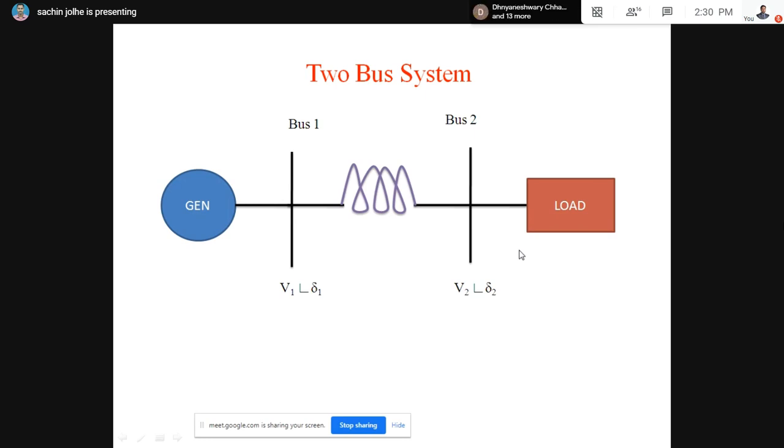Now, what is our objective in this? In this, it is very simple, as normally the load is given. What is the value of the load?